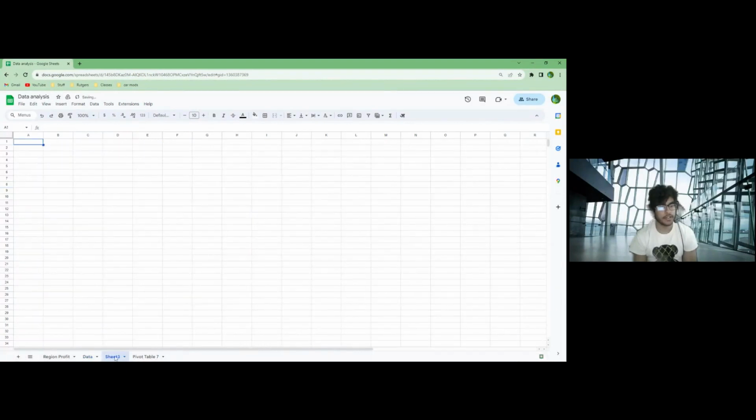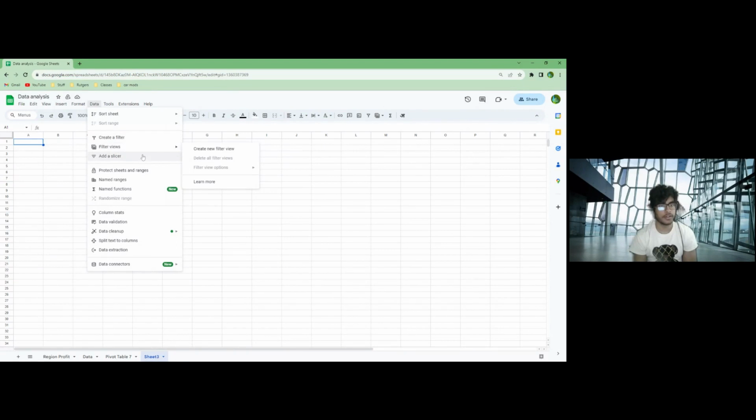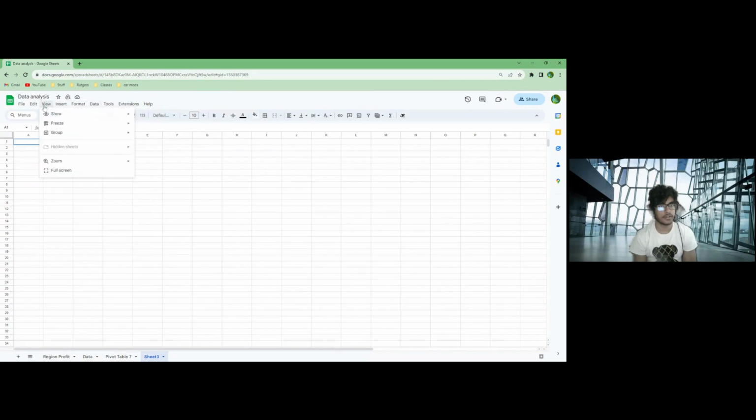First, let's start off by adding a new sheet. We're going to go to Data, and then we're going to go to Insert and click on Insert Pivot Table.